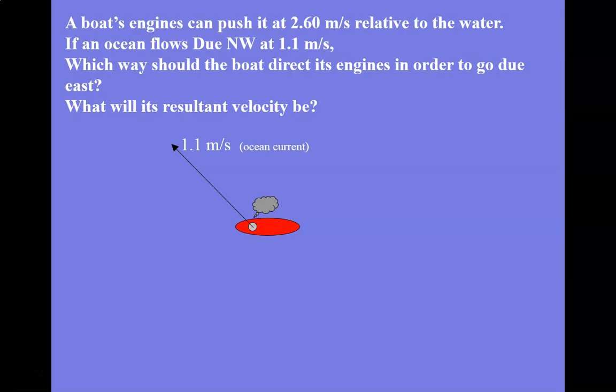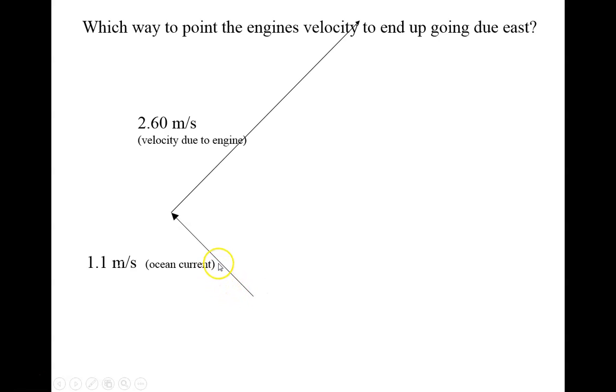And we want to figure out which way its engine should point so that it would have a resultant velocity that is due east. I don't know how much it is. The only thing I know is the direction. So this is the ocean current vector, the 1.1, and we can orient the boat's velocity vector anywhere we want, but we want the resultant to end up going due east.